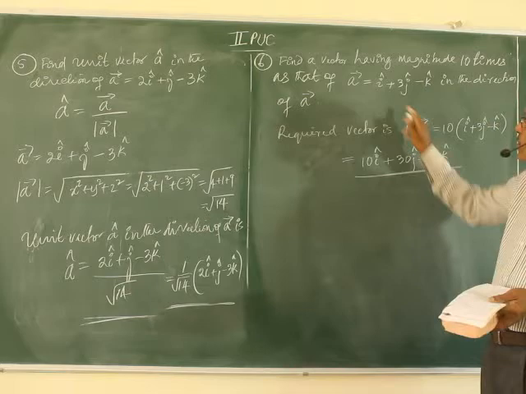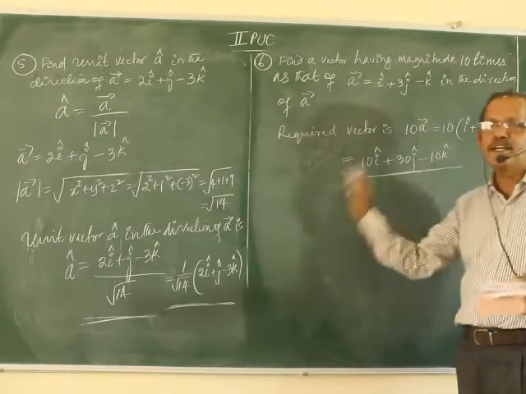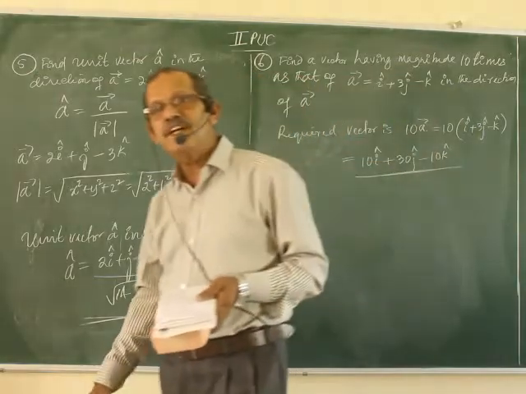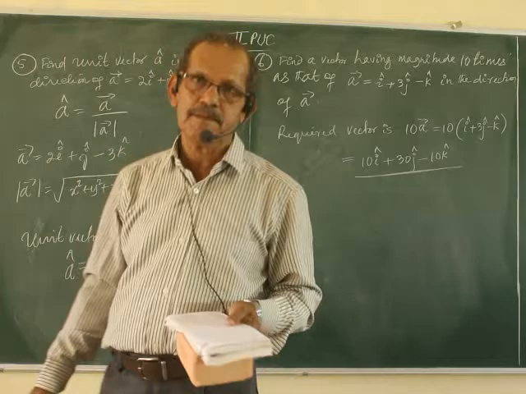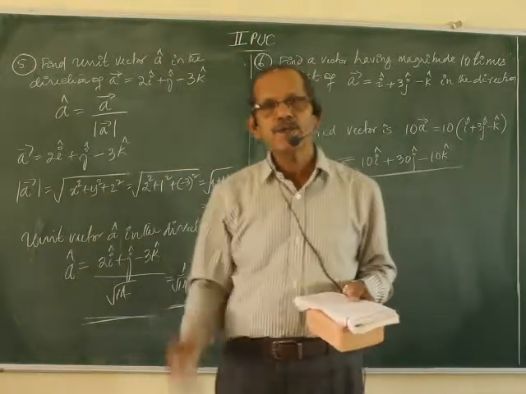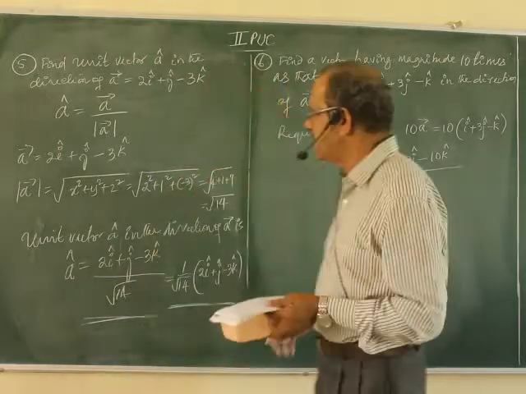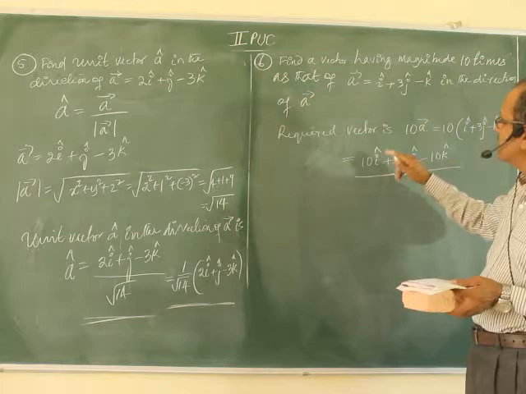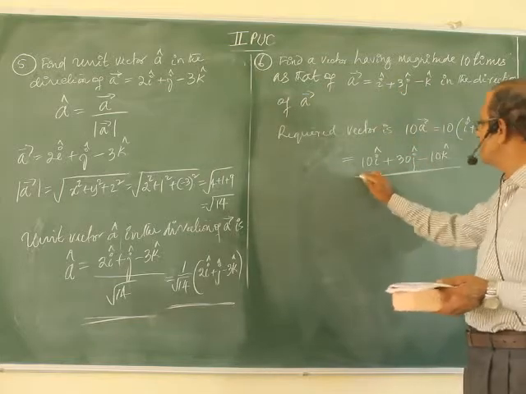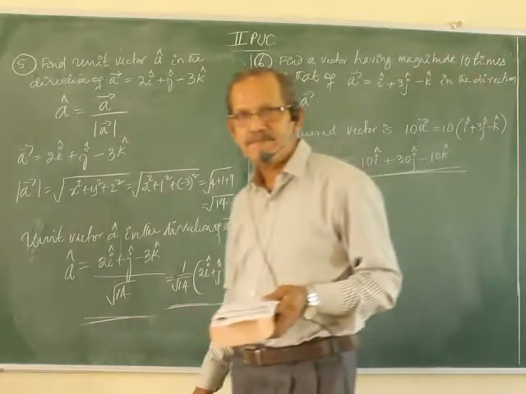And magnitude, whatever magnitude this A has, its 10 times will be the magnitude of this. Verify yourself. Direction of both the vectors will be the same. How to obtain the direction? You know how to find direction? Angle alpha, beta, gamma. Direction angle for both the vectors will be the same. Magnitude is 10 times the magnitude of this one. This is the required vector.